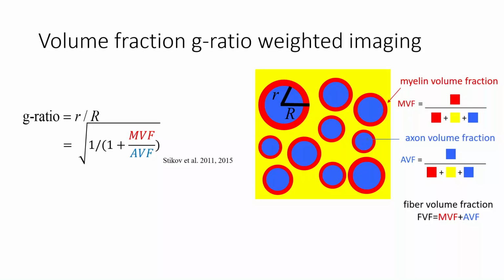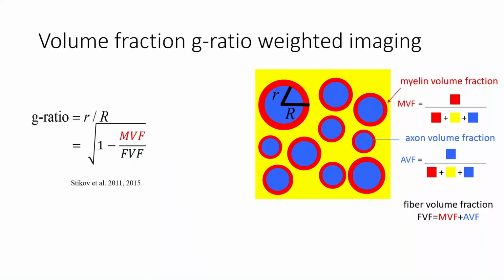Here you see the G-ratio expressed as a function of the myelin volume fraction and the axon volume fraction, and it's determined entirely by the ratio of these 2. Alternatively, we can express it as a function of the myelin volume fraction and the fiber volume fraction. Again, it's determined entirely by their ratio.